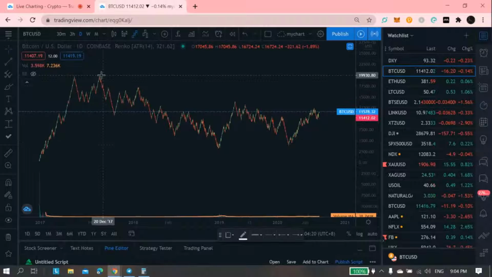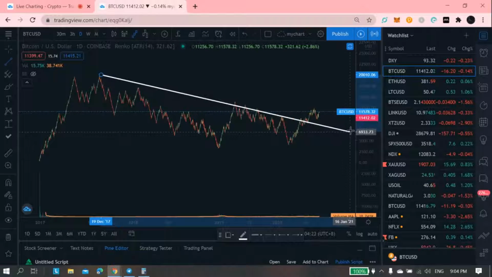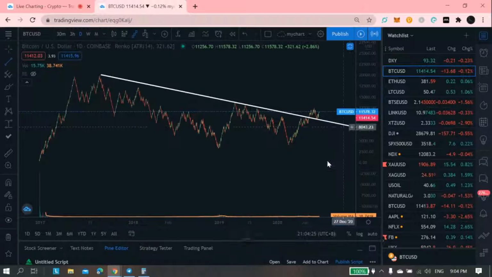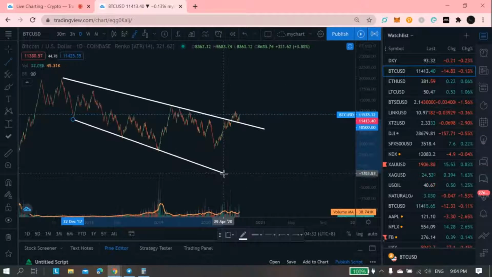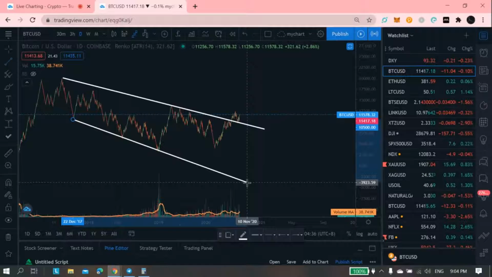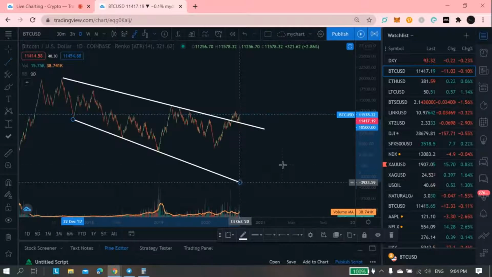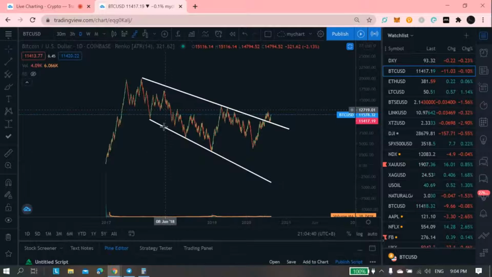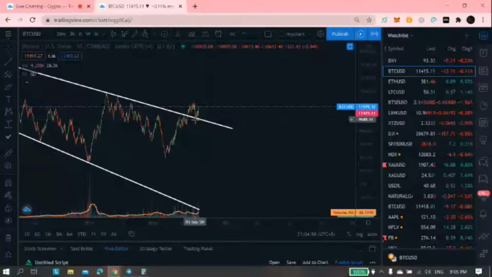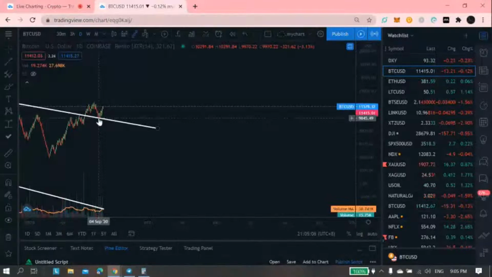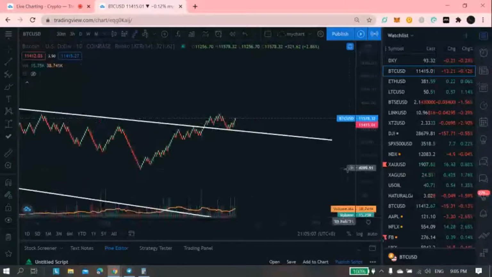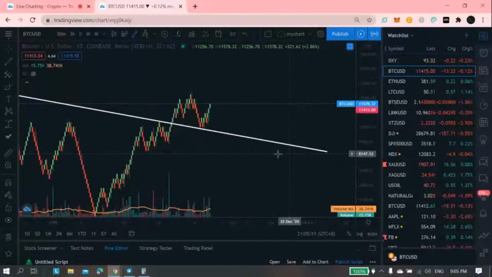Anyway, if you look at the long-term chart, we actually have a breakout at the long-term area, around the 9,800 area.